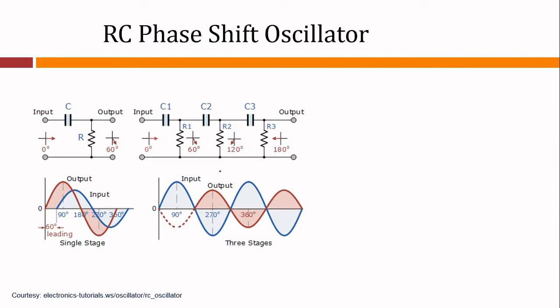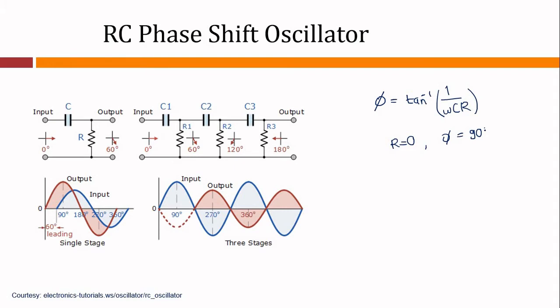So here you can see the RC network. In the first, to your left, we just have a single RC network, tan phi equals 1 by omega CR, and if we make R equal to 0, then phi becomes 90 degrees.